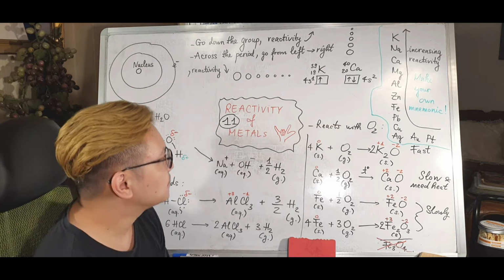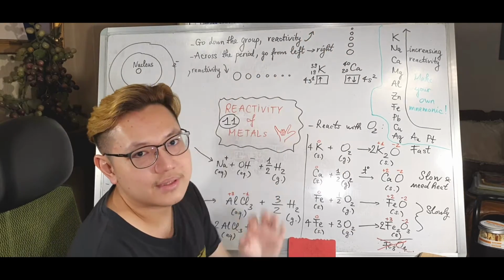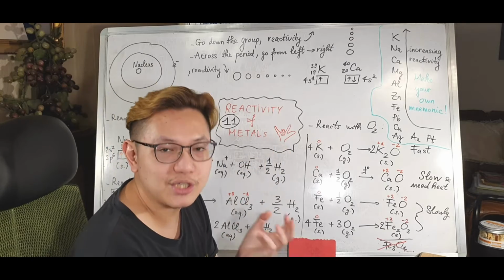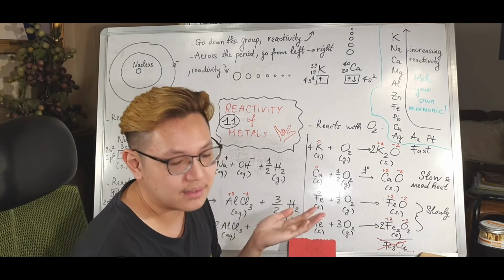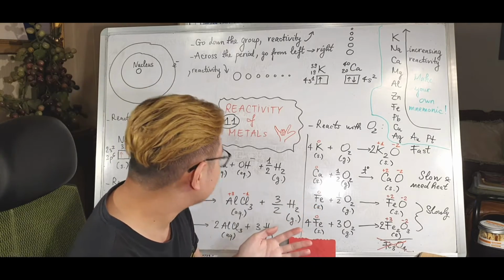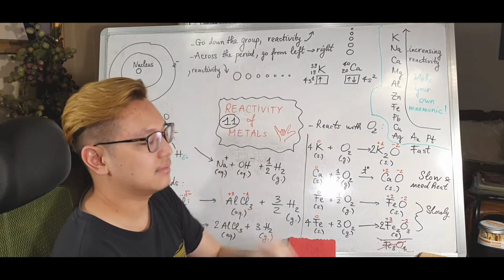So as you go down the group, the electrons of the outermost shell become much easier to react with the environment because they are less guarded. So that is the reason why when you go down the group, reactivity increases.